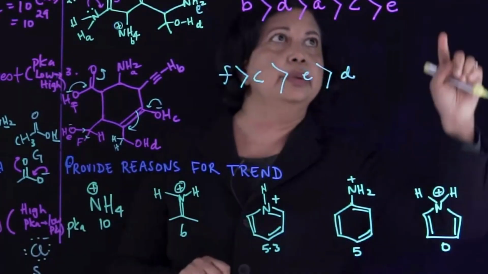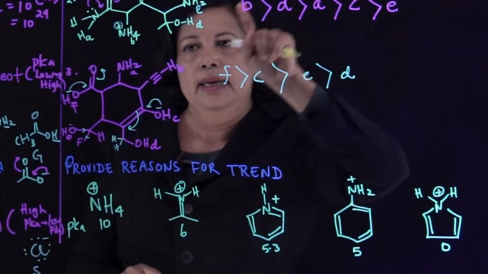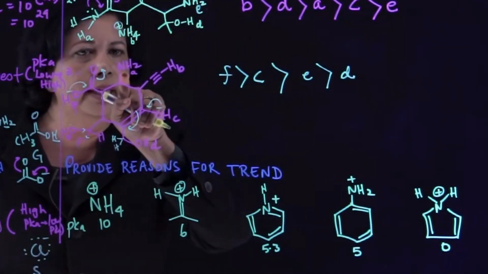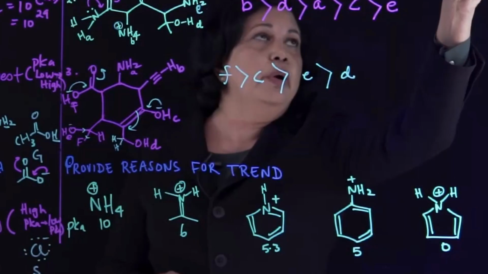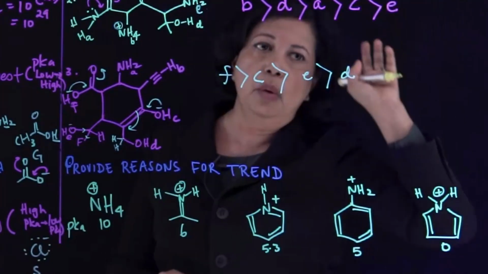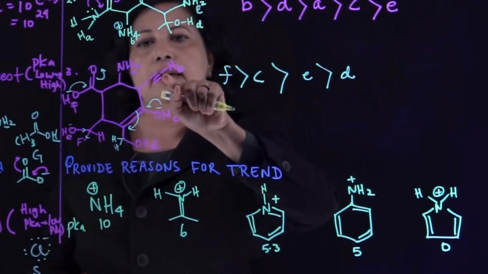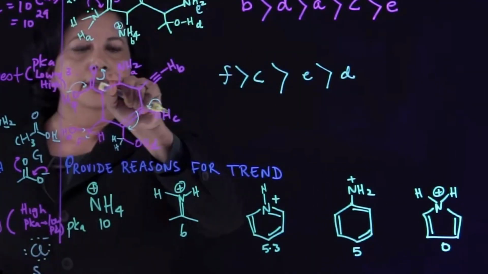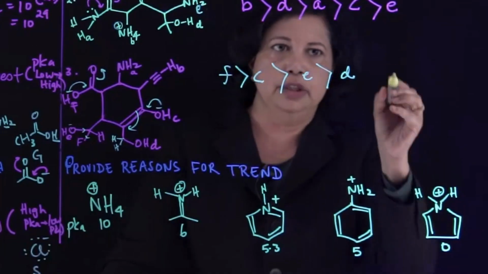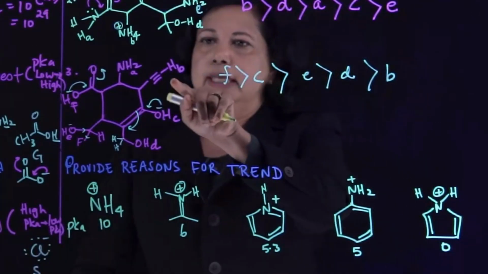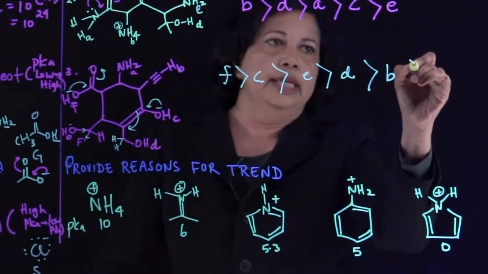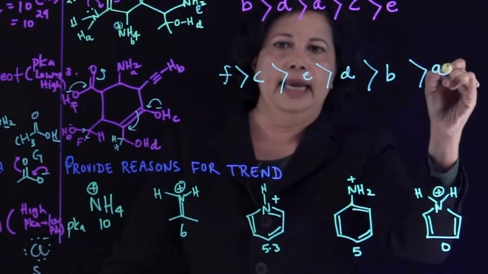Then we have to do nitrogen and carbon. Again, I want to emphasize, when you have an NH, typically NH bonds are more acidic than CHs. The only exception is when you have an sp carbon, which is a lot more acidic than an NH. So that's going to be B. Even though that's a CH, it's still going to be more acidic than an NH.